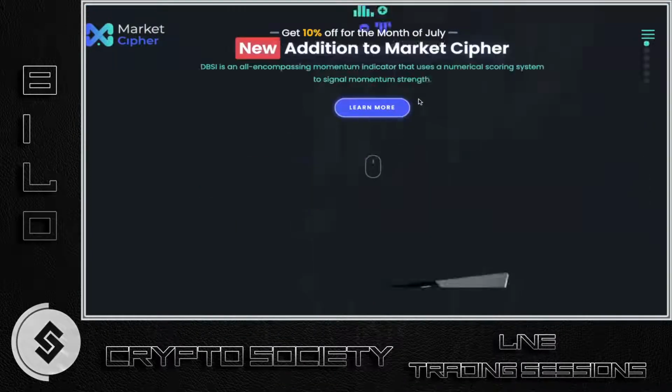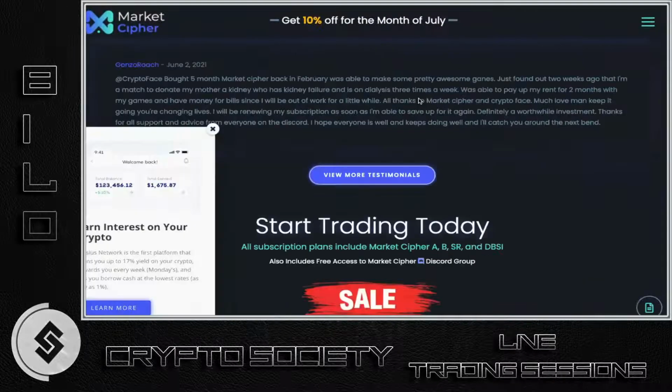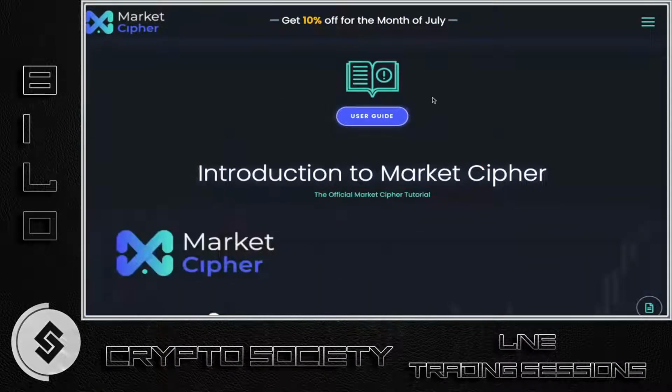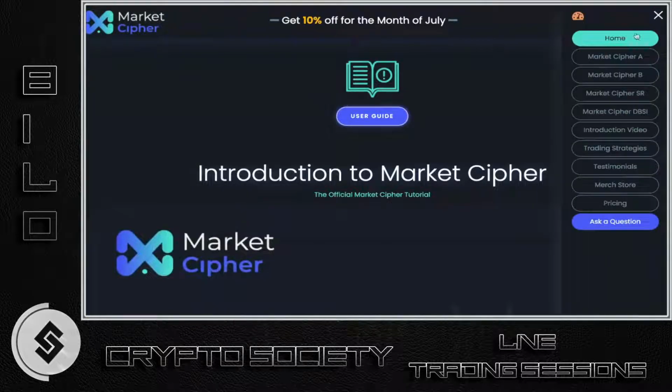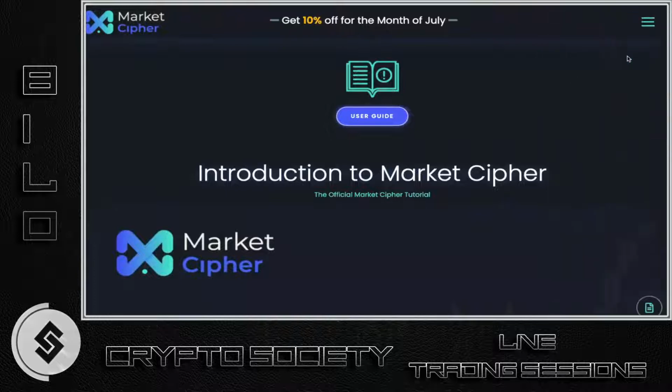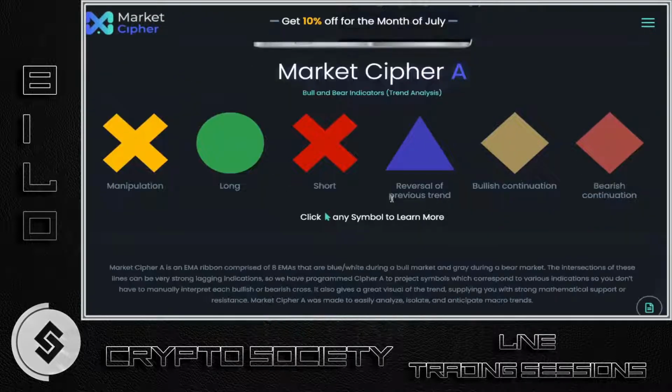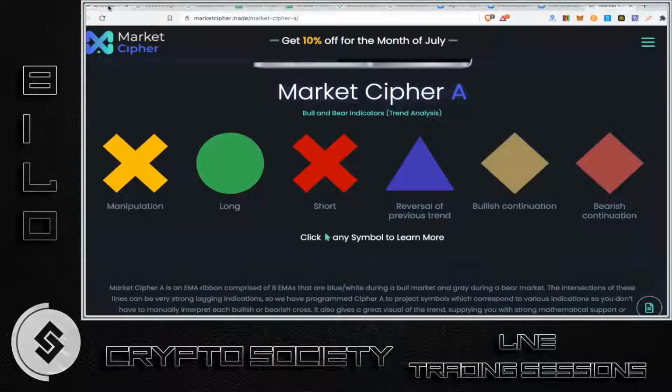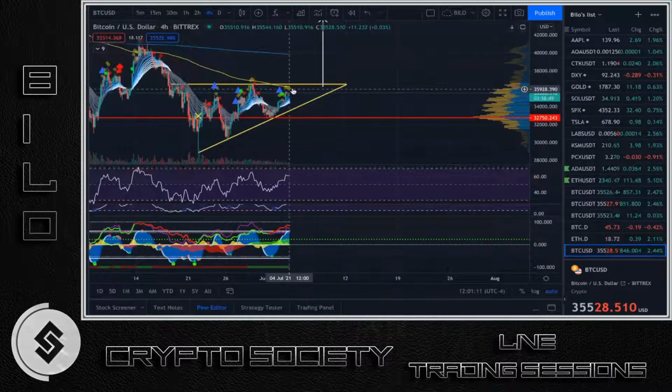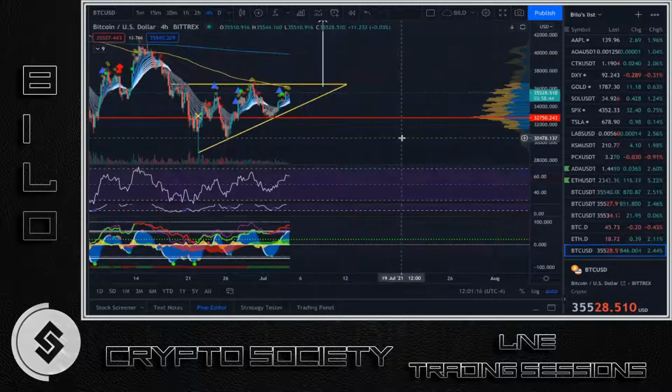Literally, just as you're saying that, it's starting to pump. Where are the symbols? Market Cipher A, yeah, here we go. It was a golden diamond, right? Yeah, there's a diamond there. It's a bullish continuation. So these golden diamonds refer to a bullish continuation.